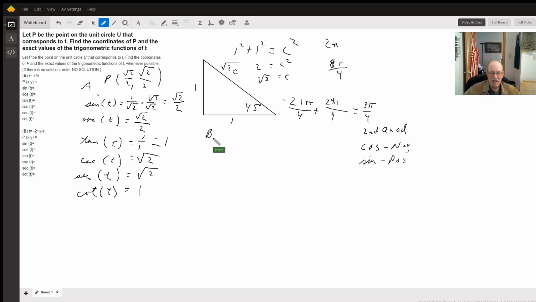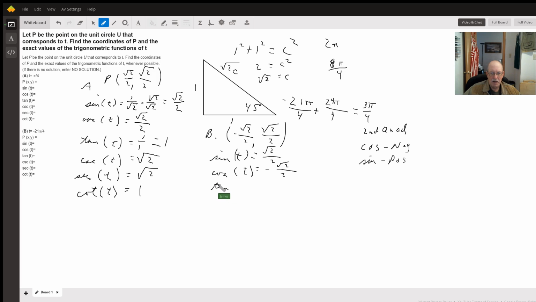So for part B, we said that cosine is negative in the second quadrant. Then the sine of t is going to be square root of 2 over 2. Cosine of t will equal negative square root of 2 over 2.